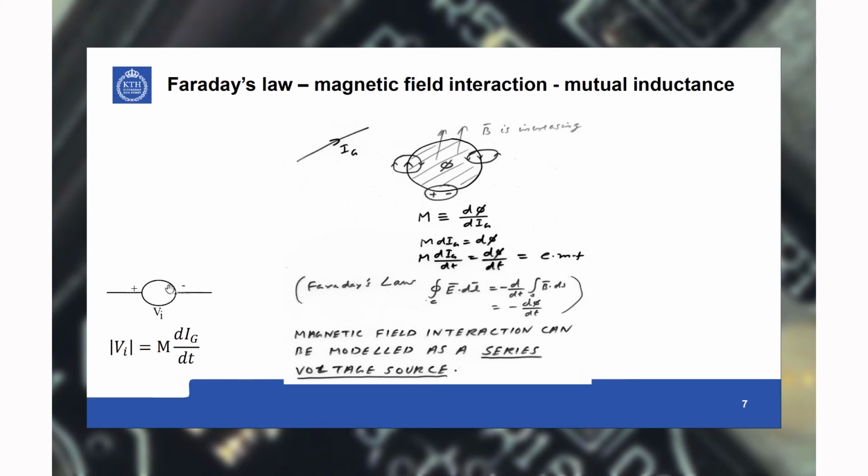The direction of the voltage source needs to be determined by Lenz's law, as we have seen before. And this voltage source Vi is given by M di_g/dt. So we have reduced the magnetic field interaction into a series voltage source with the circuit.